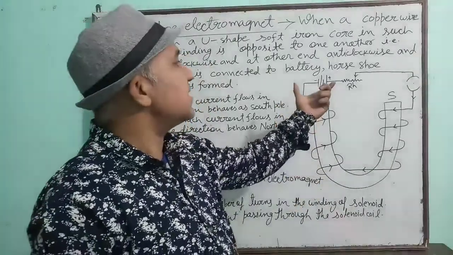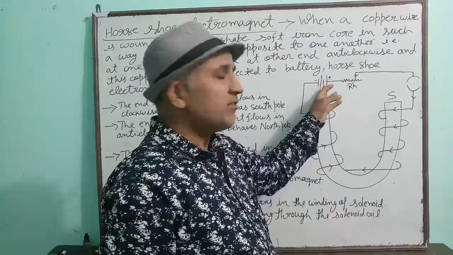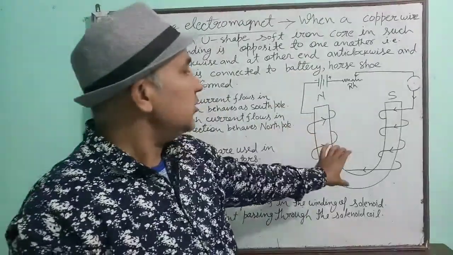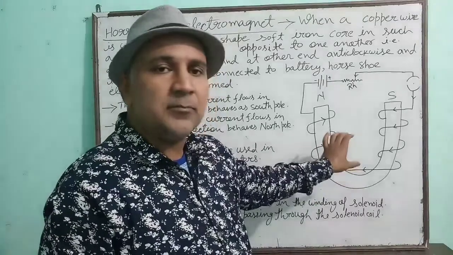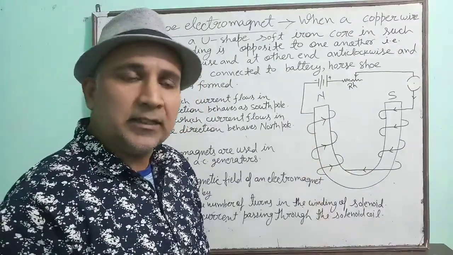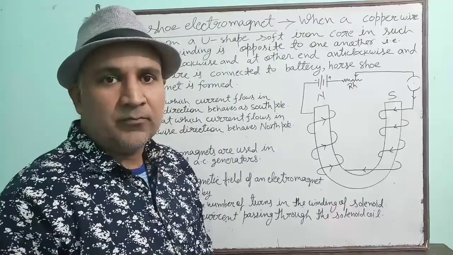And then the wire is connected to a key and battery, and current starts flowing in it. Then this U-shaped soft iron behaves like a magnet, and so it is called a horseshoe electromagnet.